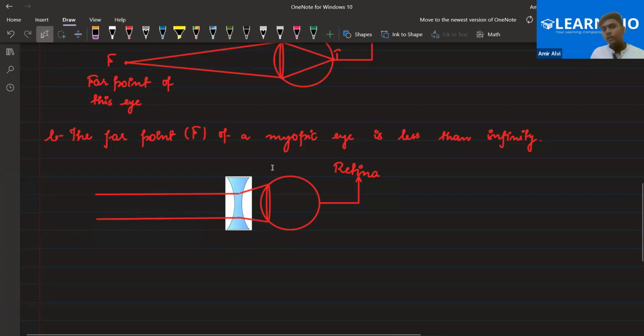So now the rays will basically form the image at the retina.